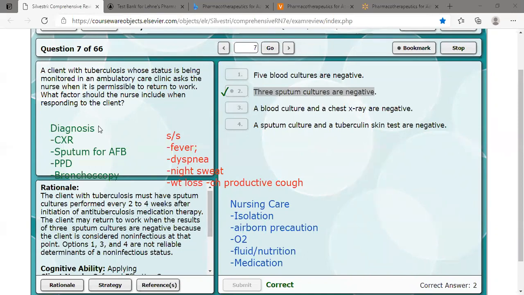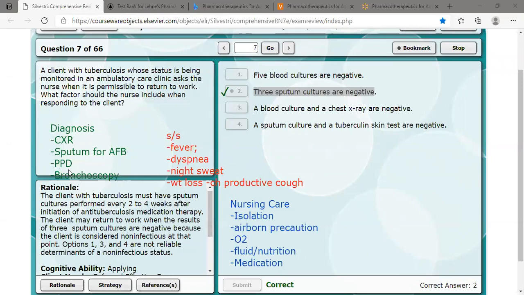How do we diagnose a TB patient? By chest X-ray or sputum for acid-fast bacilli, shortly called AFB. So when sputum for AFB is negative 3 times, we discontinue isolation, meaning when 3 tests are negative, they are allowed to go to work.